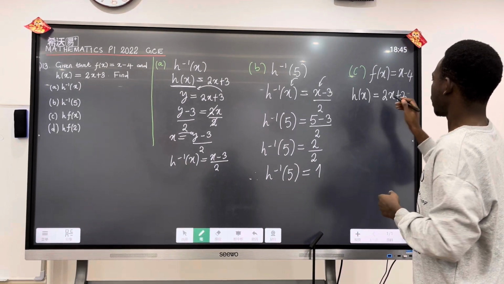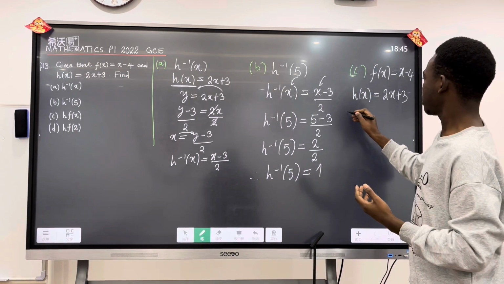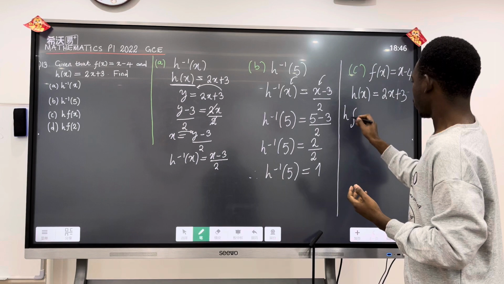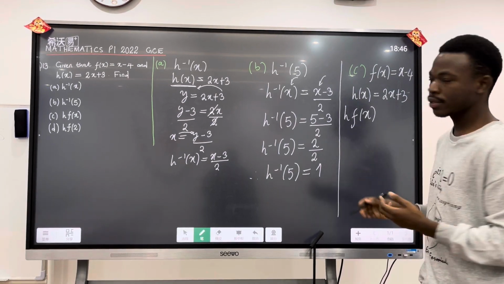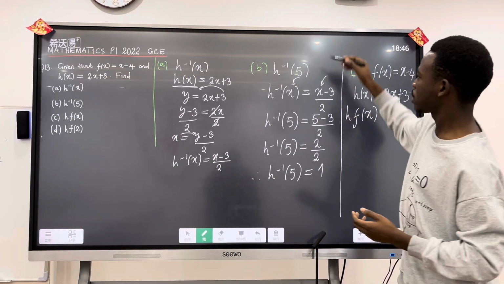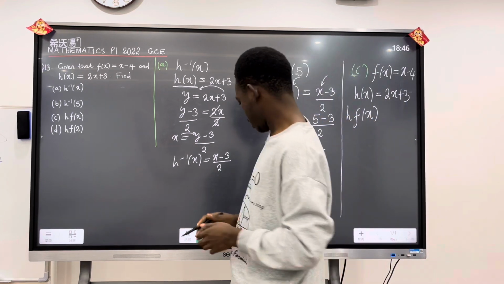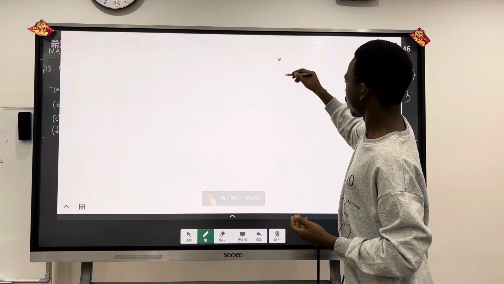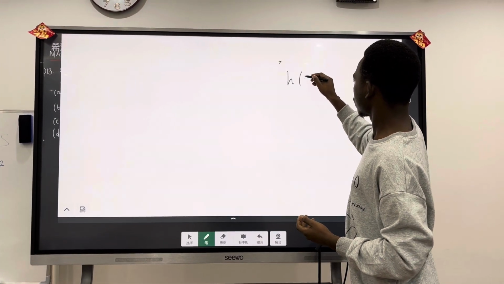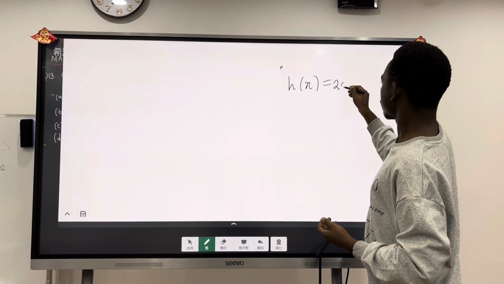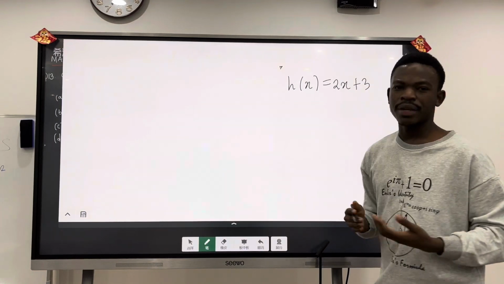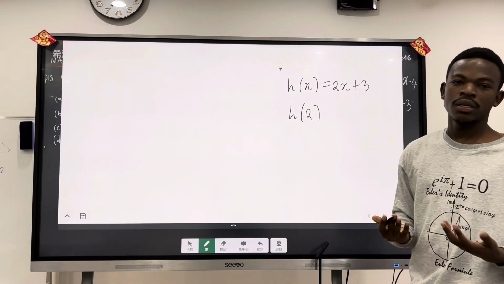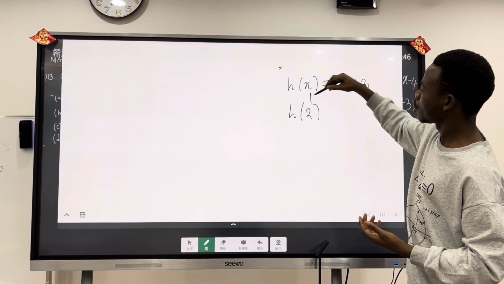So when I ask you to find h of f of x, here's the thing. When I have the function h of x equal to 2x plus 3, and I ask you to find h of 2, it's like where there is x, I've put 2.